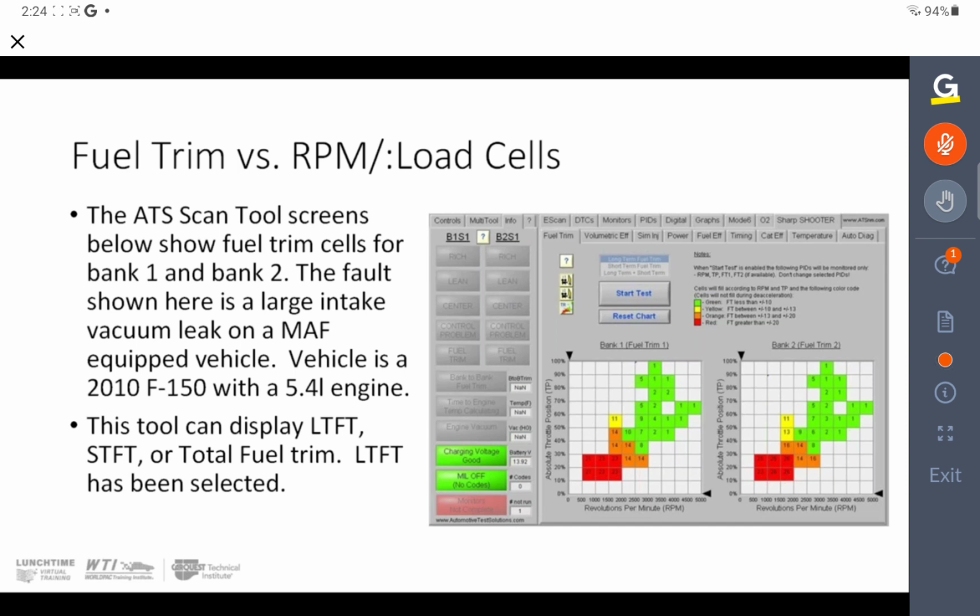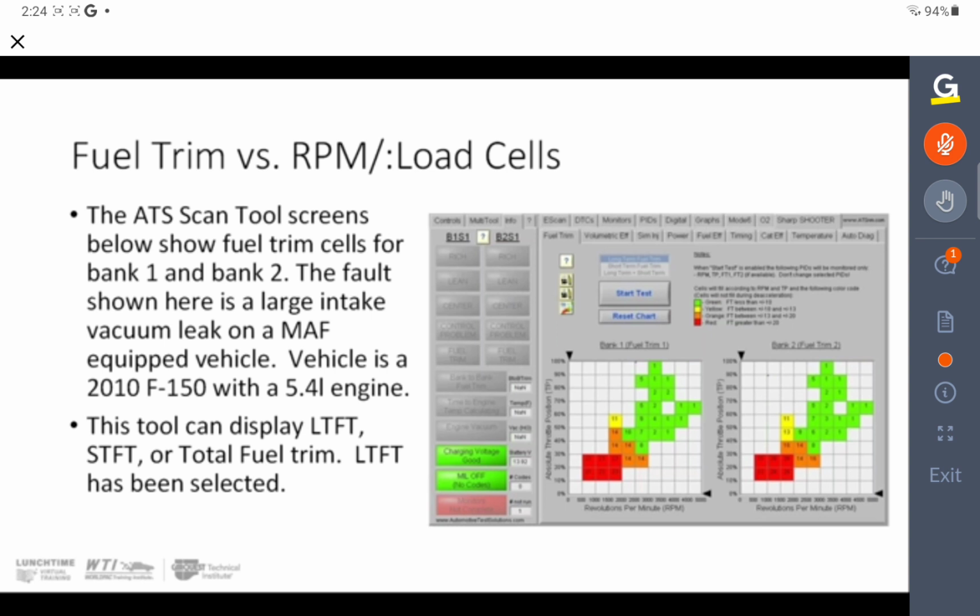Less air means less fuel. Less fuel means that the air fuel ratio sensor or the oxygen sensor is sensing a lean condition, so the computer will respond by adding more fuel. So that's why we're seeing these positive numbers in the red down at the lower left-hand side of the screen.